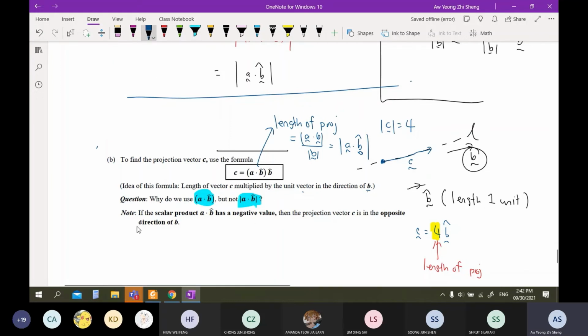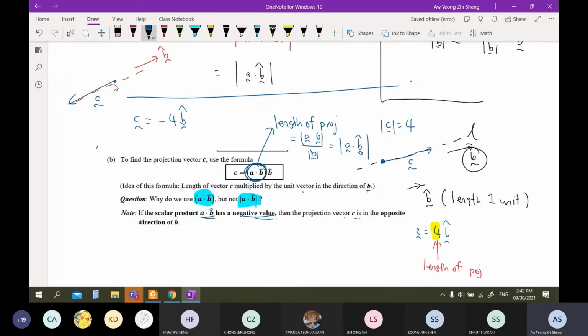Okay. So here they say, if the scalar product A dot B has a negative value, then you would get a projection vector in the opposite direction of B. Okay. So if this value that I circle is a negative value, then let's say C is equal to minus 4B hat. Then diagrammatically you will get B hat pointed this way, but your C will point the other way.